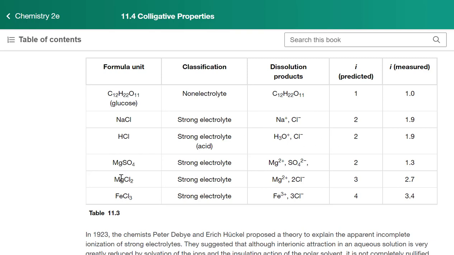But then sometimes you might have, okay, you actually have three different particles here, 2 of one type, 1 of another type. So you have 3 and then even 4 in some cases. So you want to be able to figure this out based on the formula.